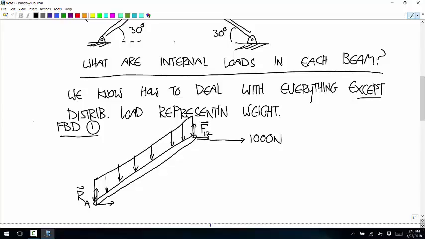So the total weight is 490.5 newtons. And then as a distributed load, it's 490.5 divided by 2 meters. So you get 245.25 newtons per meter. That's the distributed load.